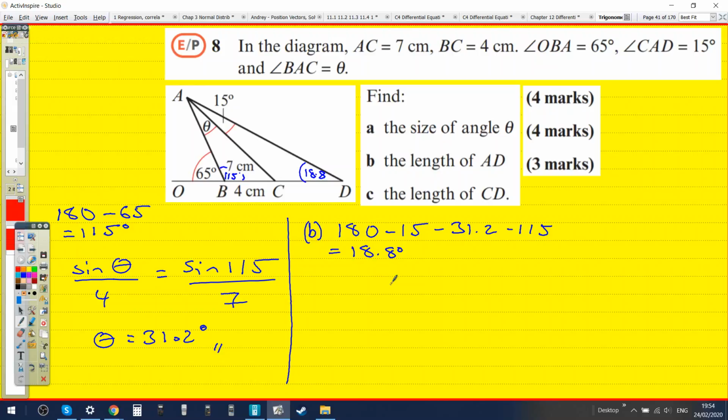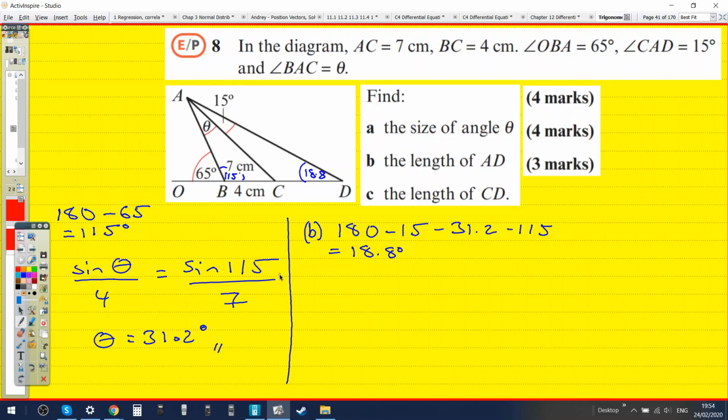I think my instinct is AB because that's a side that's in both triangles. Or I suppose we could find this angle and then that would give us this angle. Oh, yeah.